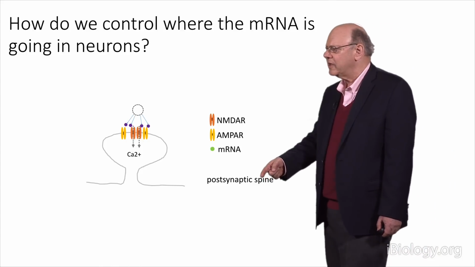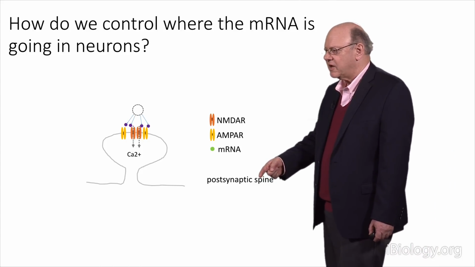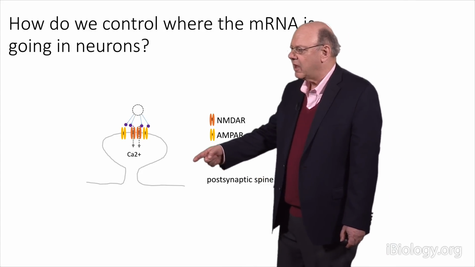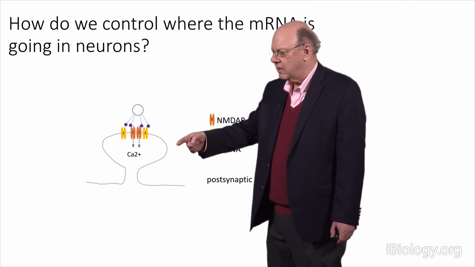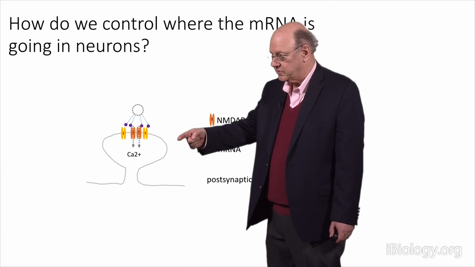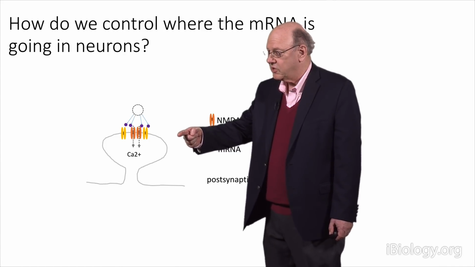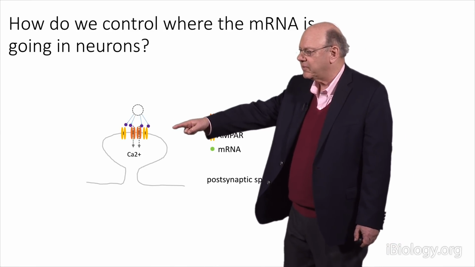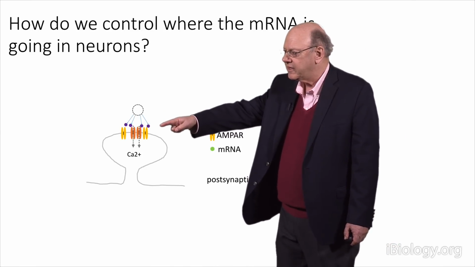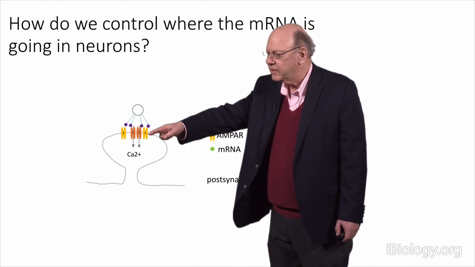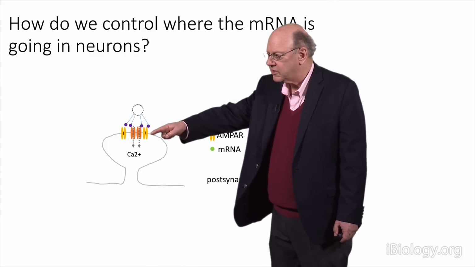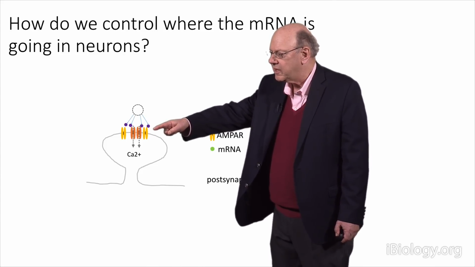So how can we test this hypothesis that RNA goes to places where stimulation occurs, sort of a presynaptic event, an event which precedes synapse formation? We can experimentally do this by using a molecule that we can activate to stimulate the receptors in the dendritic spine, and we stimulate it with light.